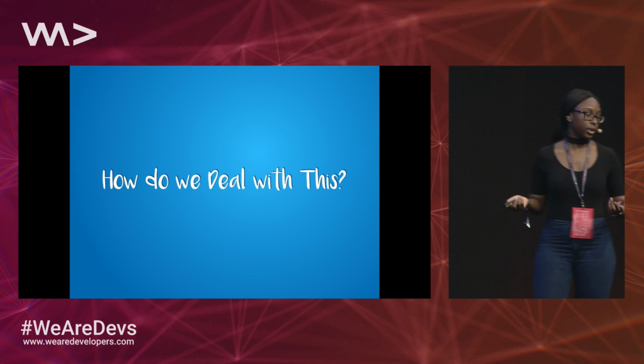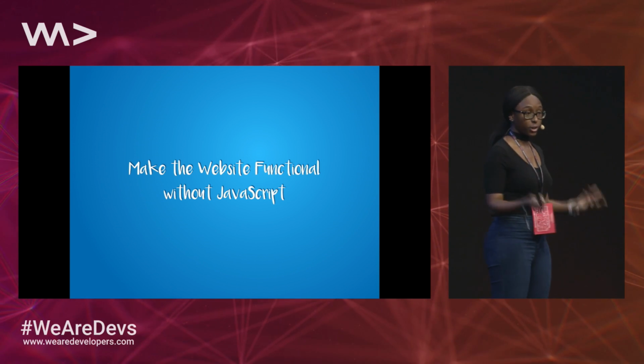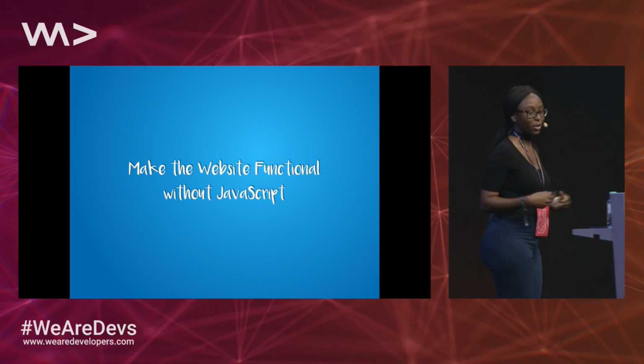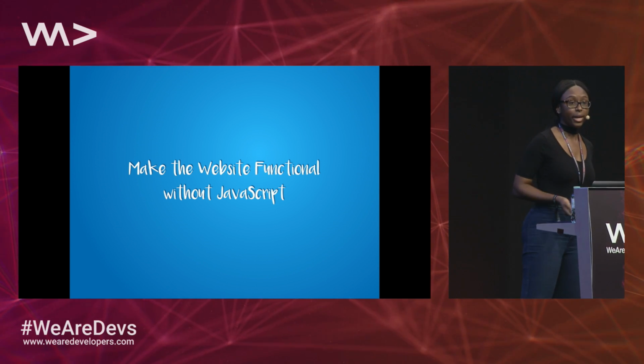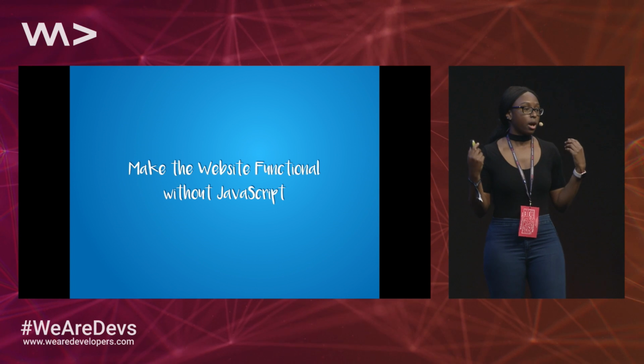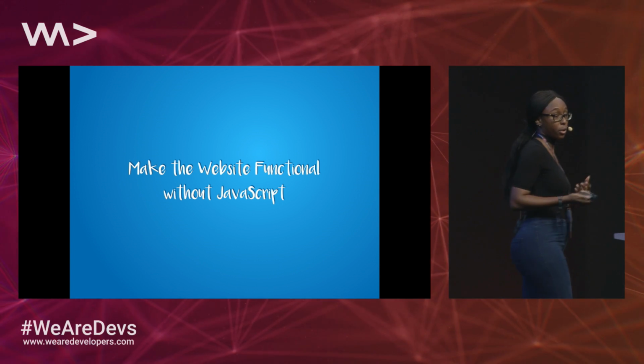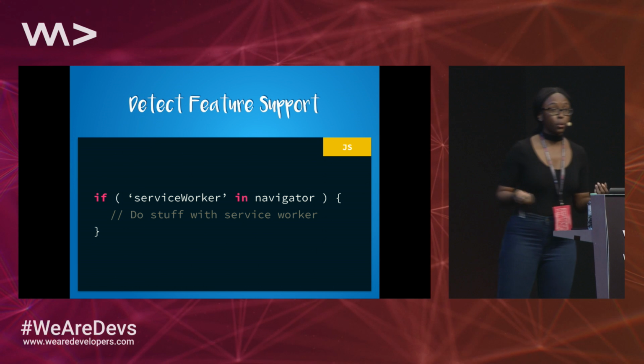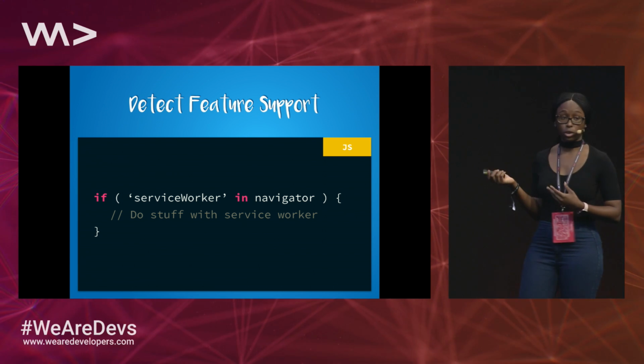And so how do we deal with this? First and foremost, as I've said over and over again, is to make as much of your website functional without JavaScript. Whatever the core feature of it, just make sure that people can use it. Another thing we can do is detect feature support.